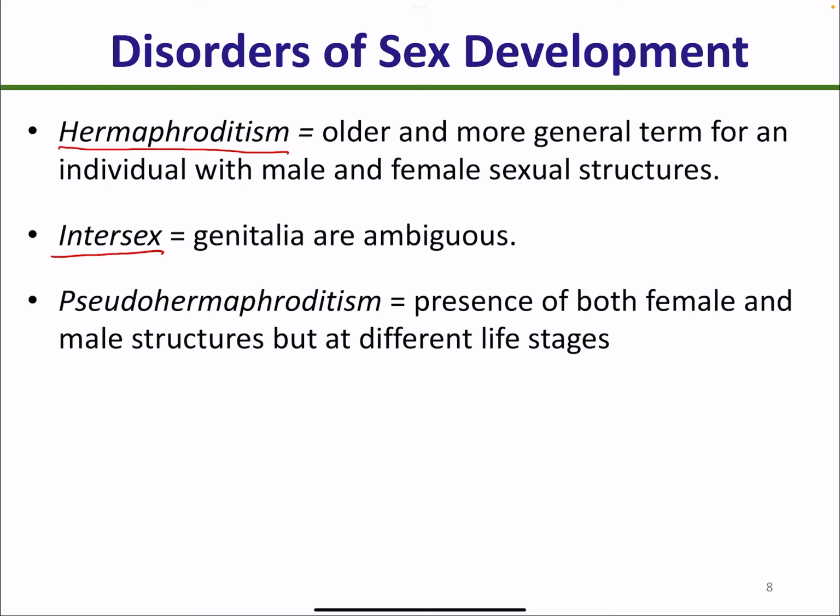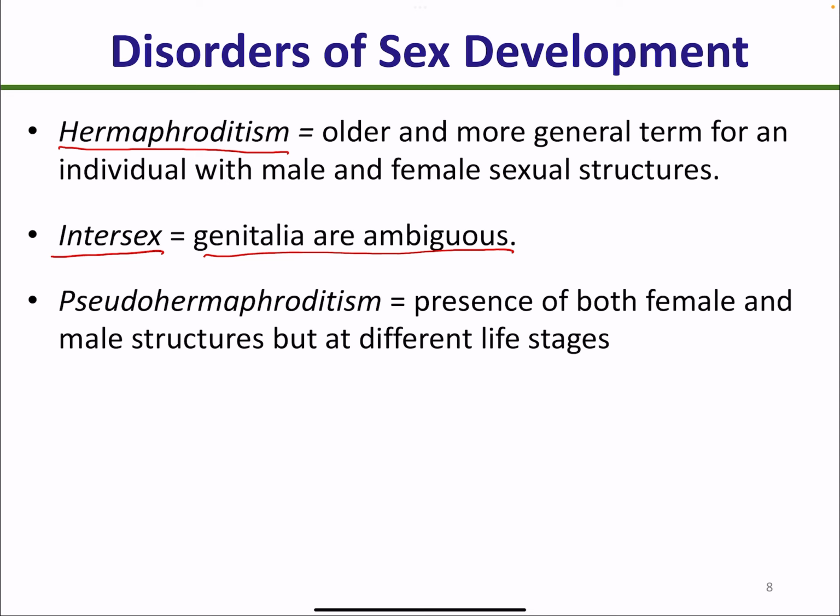Then we have the intersex. The intersex is when the genitalia are very much ambiguous. Ambiguous in a sense that, well, clearly there is no penis per se, there is no vagina per se.